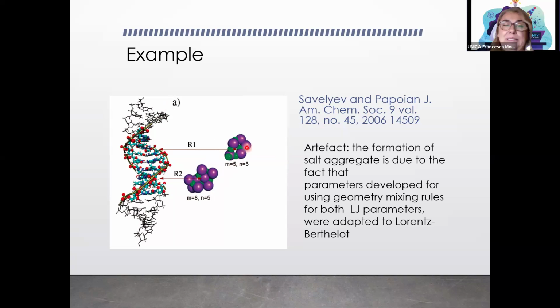And this is not expected because it doesn't occur in reality. So why was it occurring in this simulation? This simulation, by the way, was published in the Journal of the American Chemical Society.